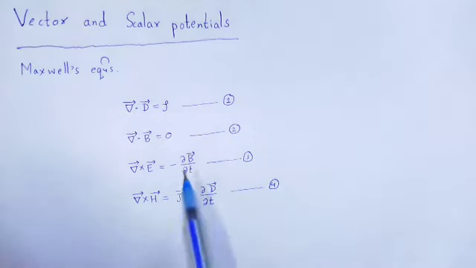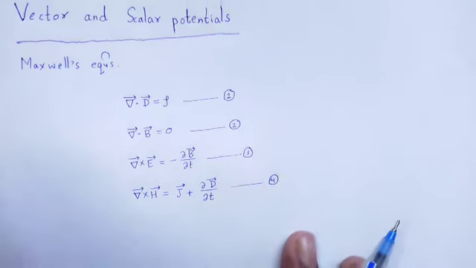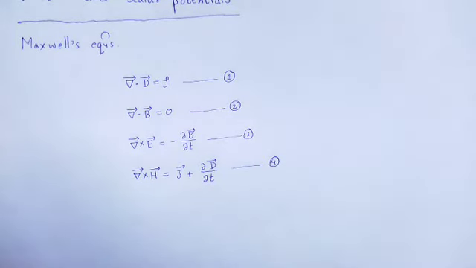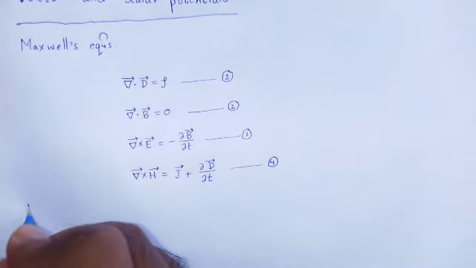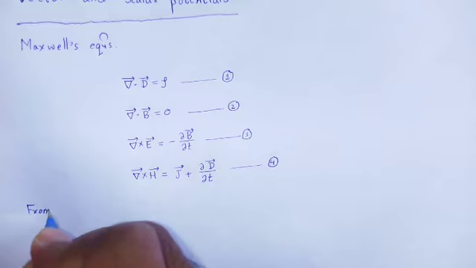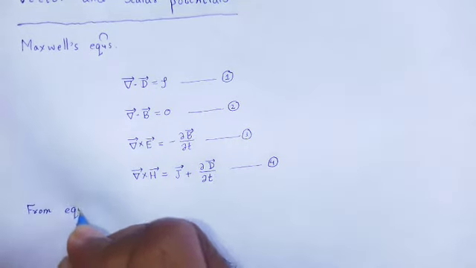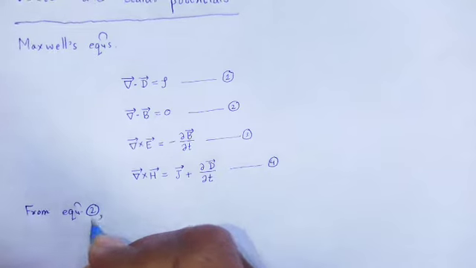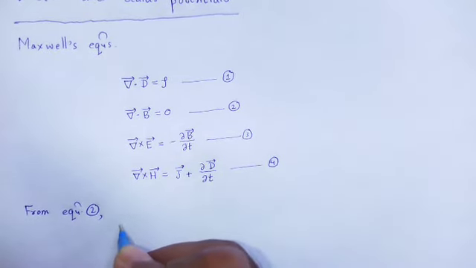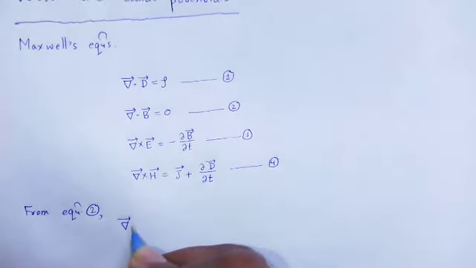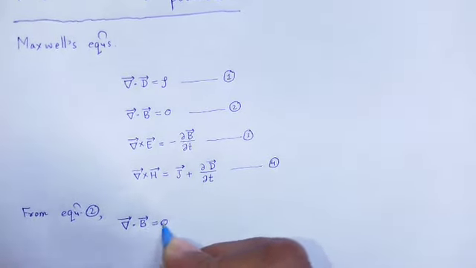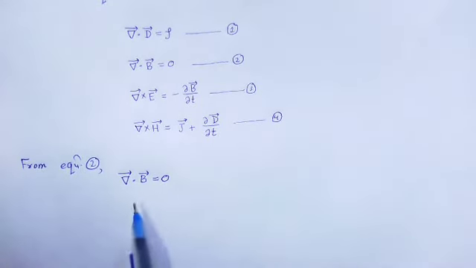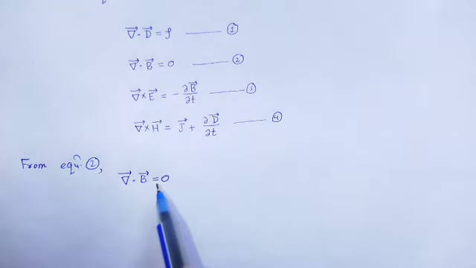From equation number 2, first we define what is vector potential and scalar potential. From equation number 2, that is grad dot B is equal to 0, means divergence of a vector is equal to 0.